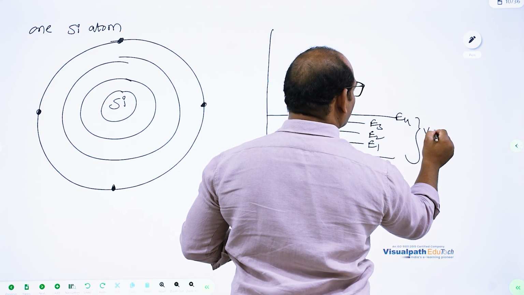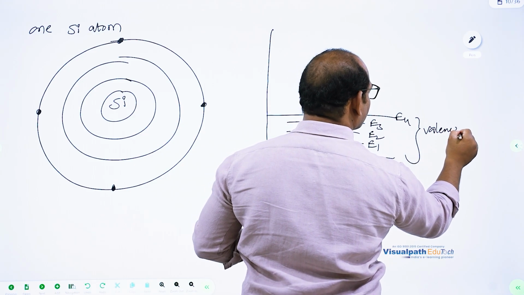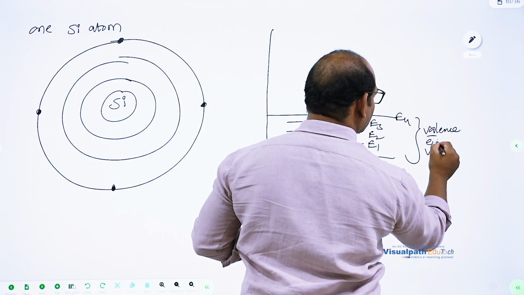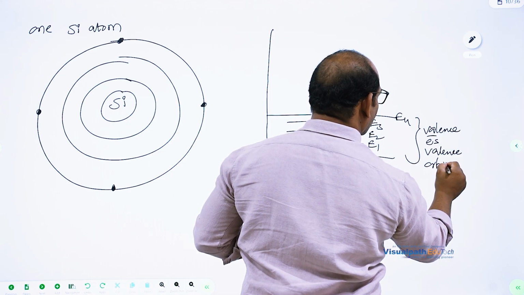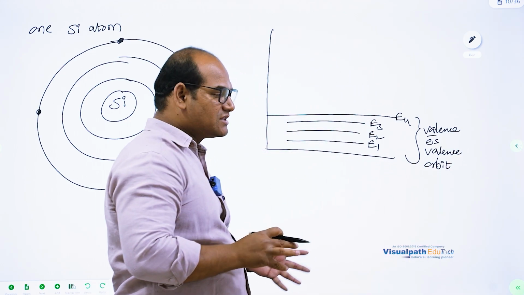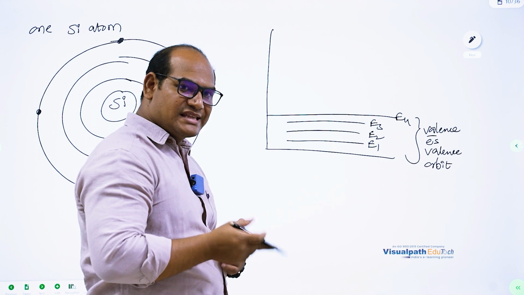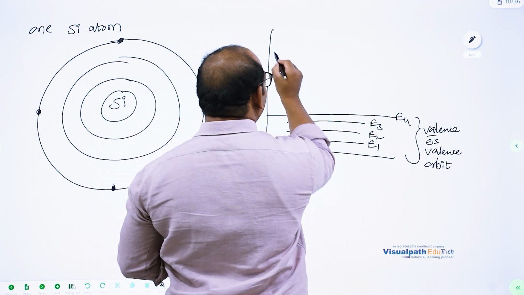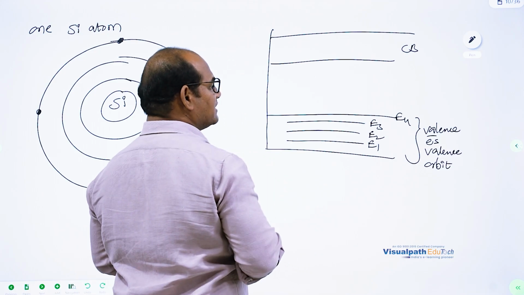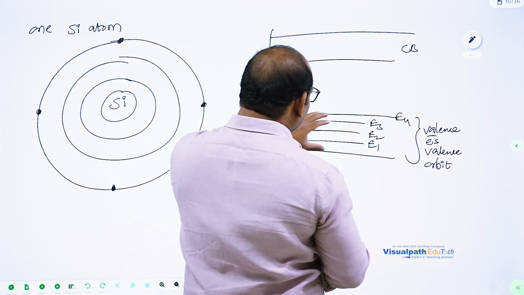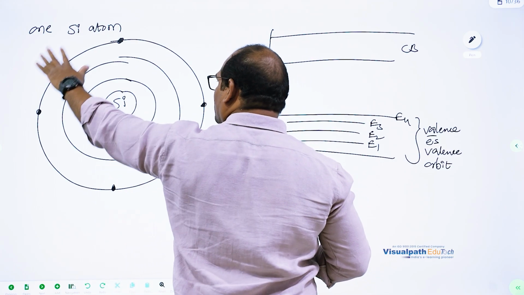This is related to valency electrons, valency orbit. The electrons are available in the valency orbit. When you provide the external energy, then all these electrons will go to the conduction band. Okay, this is what you need to understand. So this is about the valency orbit of this particular diagram.